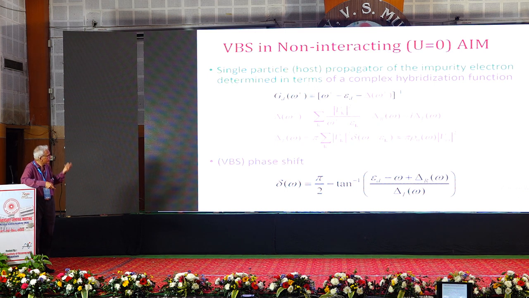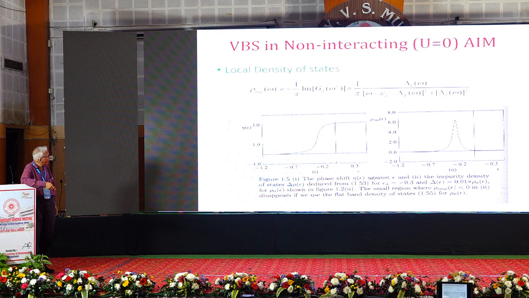And then you can use that to calculate this thing called the phase shift that I mentioned, and then you can look at the density of states. Let me skip the details, and you can see it looks like what Friedel envisaged. There's a broadened peak where the impurity level should be.